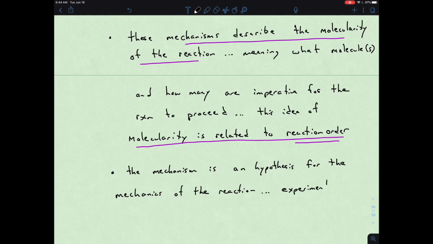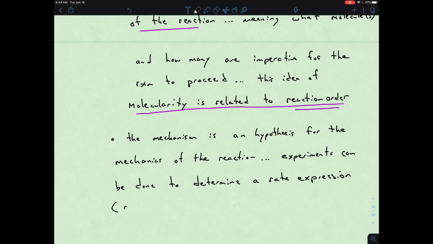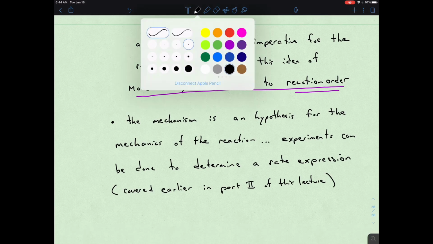Experiments can be done to determine a rate expression. Remember, we covered this earlier in part 2 of this lecture. So we've already done that idea, that experiments can be done to determine a rate expression.